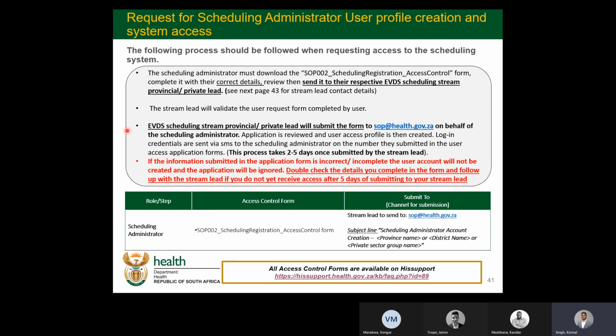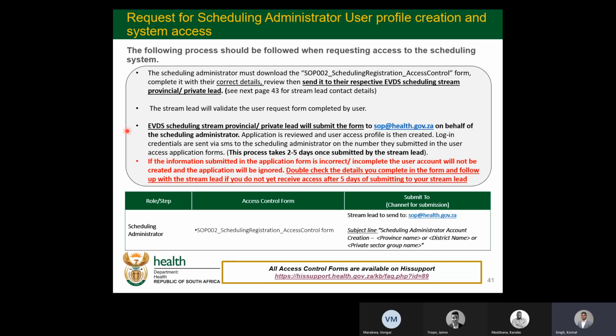Once the application is reviewed, the user access profile is then created. You'll then receive credentials via SMS to the scheduling administrator on the number that you have submitted in the user access application form. This process takes 2 to 5 days once submitted by the stream lead.